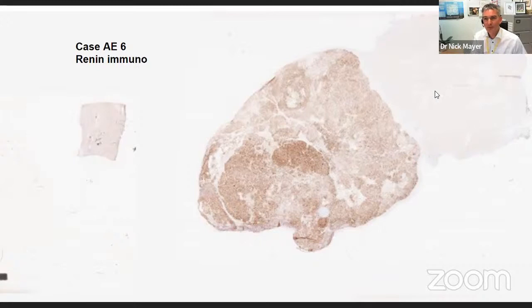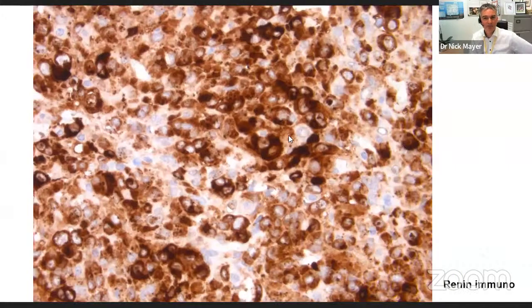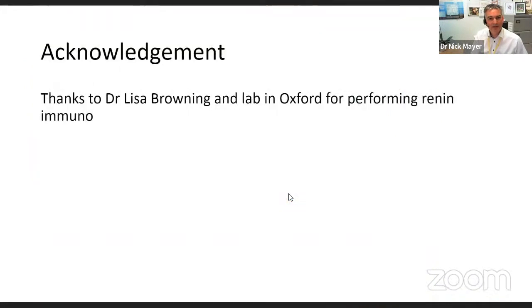That's the background renal parenchyma on the left there, and you can see the positive immunostain, and that's renin, really nice positive cytoplasmic staining. So definitely a juxtaglomerular cell tumor, as we suspected from the EM. I just wanted to officially acknowledge thanks to Lisa for doing that, and maybe you might get a few referrals now, Lisa. I don't think this is going to break the bank though, because this is a pretty rare tumor.